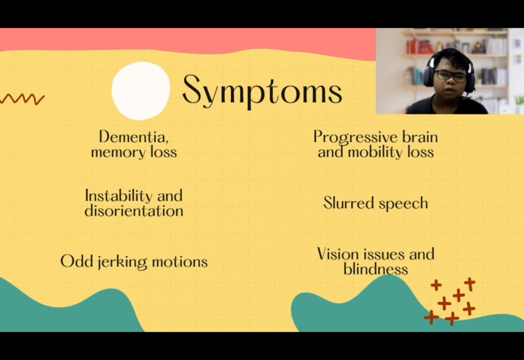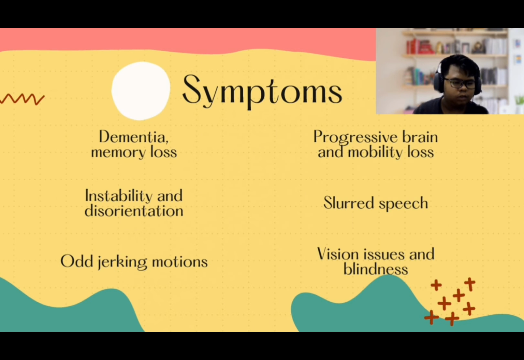Furthermore, we want to know the symptoms of CJD. Once we are infected with CJD, what are the symptoms that show you are infected? Firstly, we have dementia or memory loss. Next is instability and disorientation, or loss of balance and coordination.